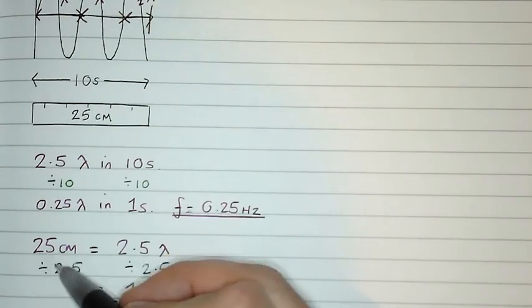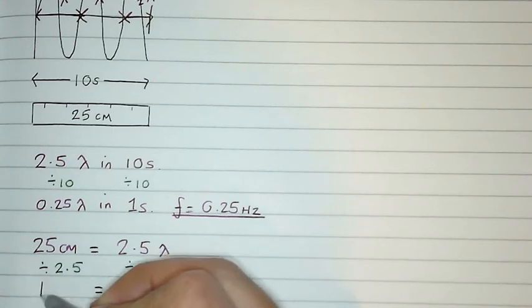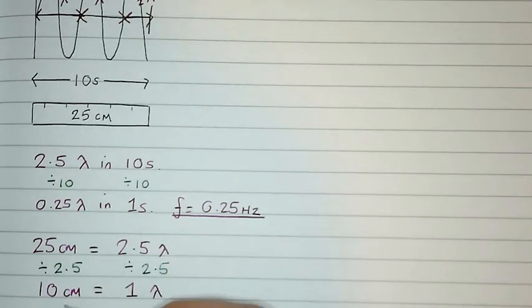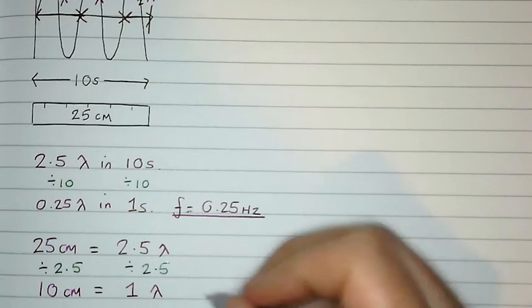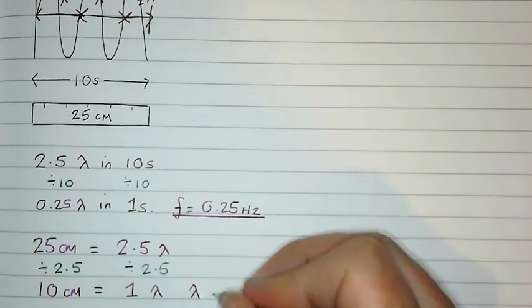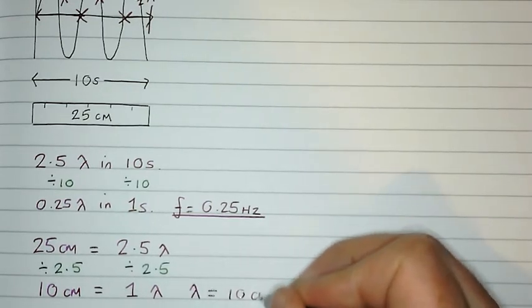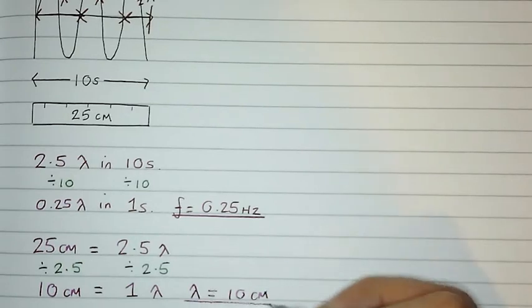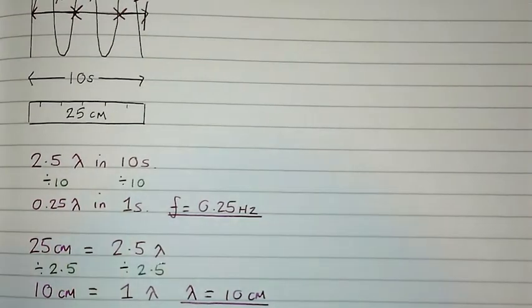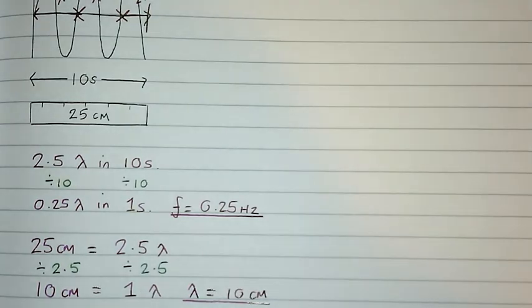And 25 divided by 2.5 is 10. So 10 centimeters equals 1 wavelength. So our wavelength equals 10 centimeters.